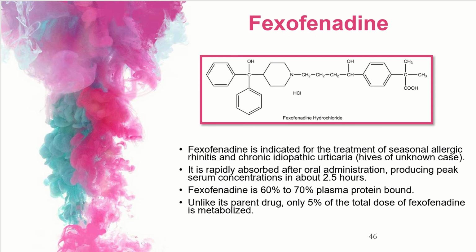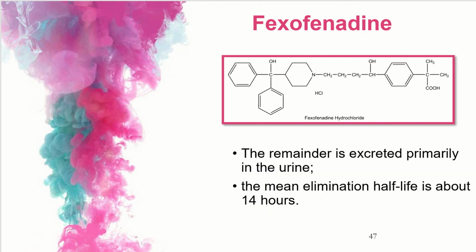It is rapidly absorbed after oral administration, producing peak serum concentration in about 2.5 hours. Fexofenadine is 60 to 70% plasma protein bound. Unlike its parent drug, only 5% of the total dose of fexofenadine is metabolized. The remainder is actually excreted primarily in the urine.